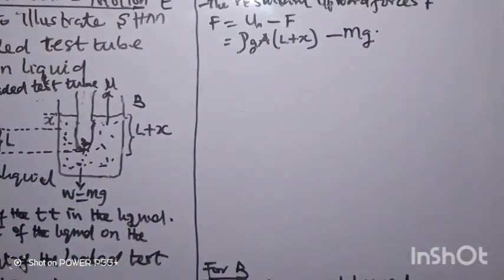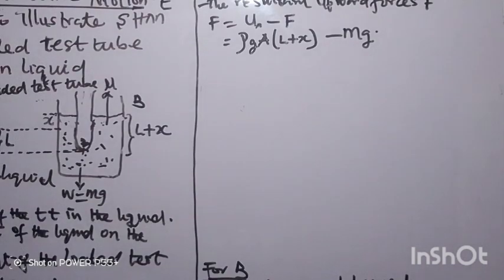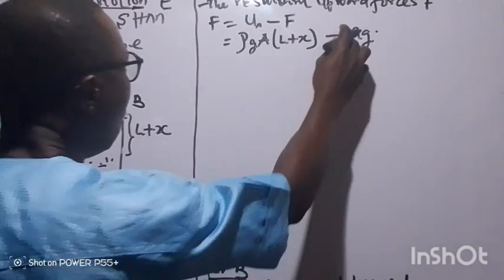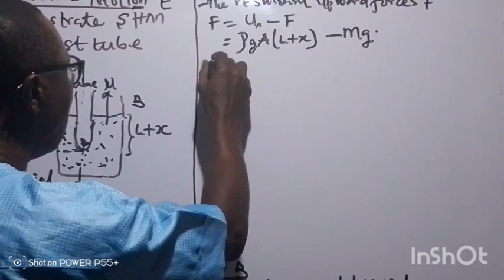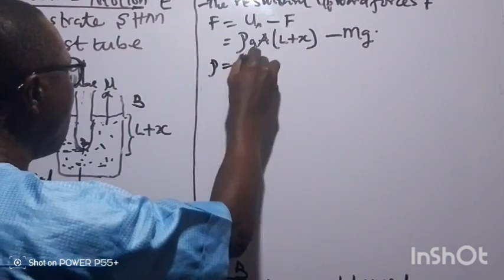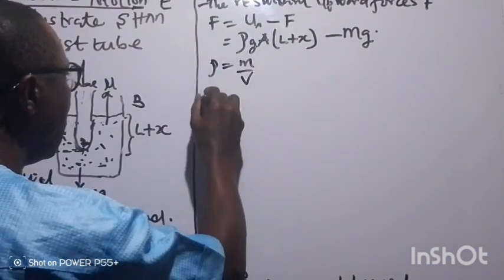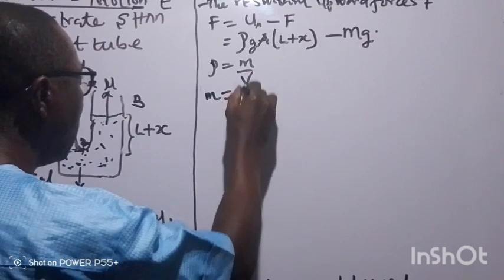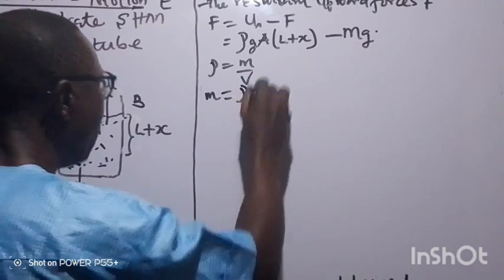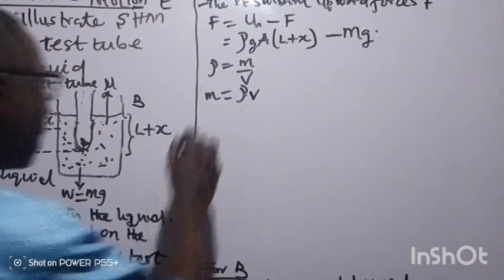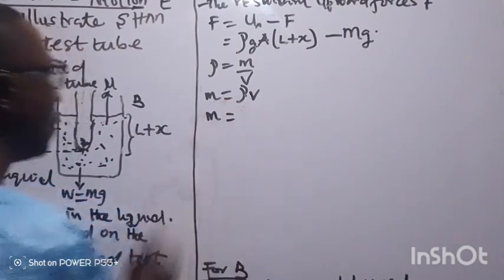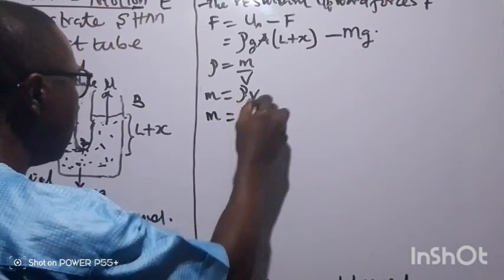And don't forget, as we did the other time, our m from density is equal to mass over volume. Then our m will be equal to density multiplied by volume.